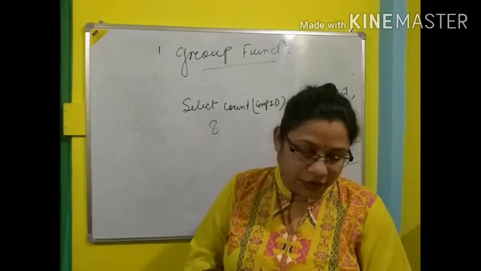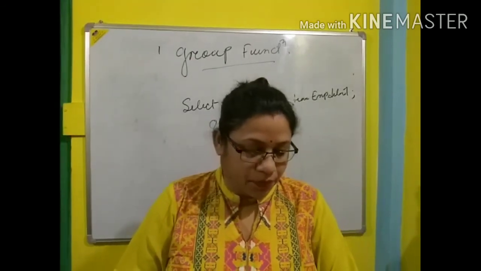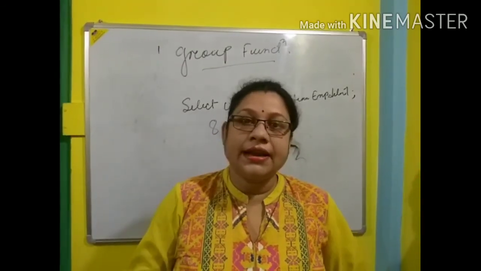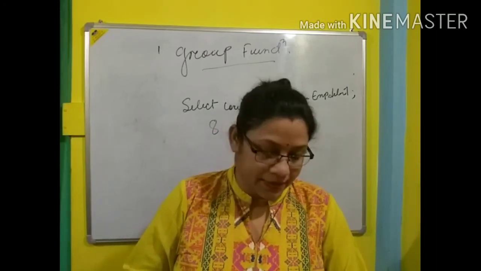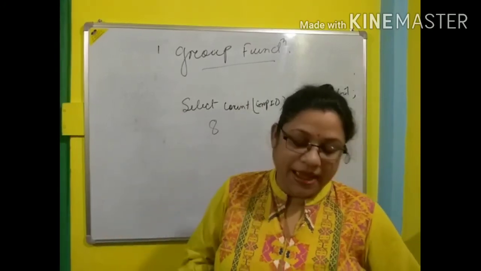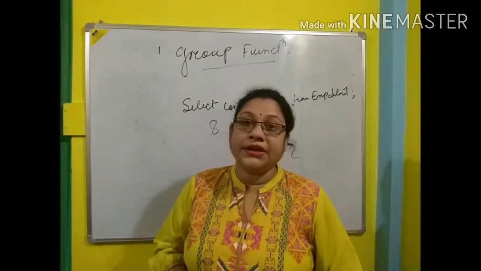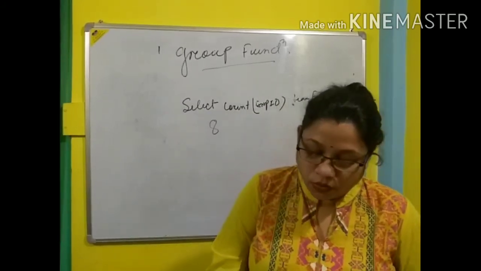Now if you use the distinct clause, look at your book: select count, within the round bracket distinct EMP department, followed by from employee details. The answer is 3. Why?